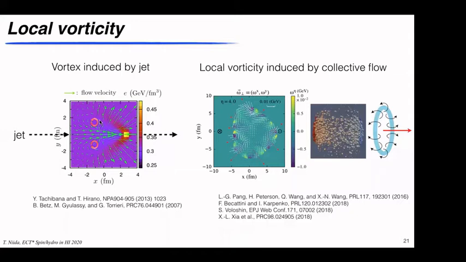And similarly, such local vorticity will be induced by collective flow. For example, at forward and backward rapidity, because of the longitudinal expansion, there might be this kind of vortical effect.